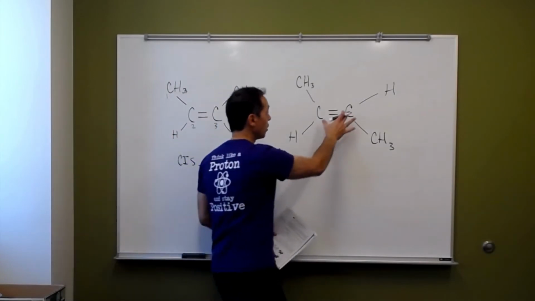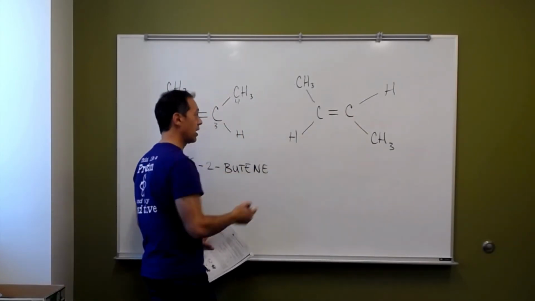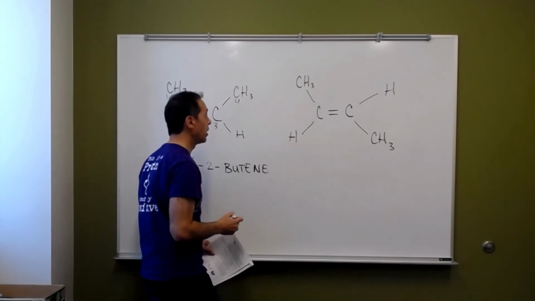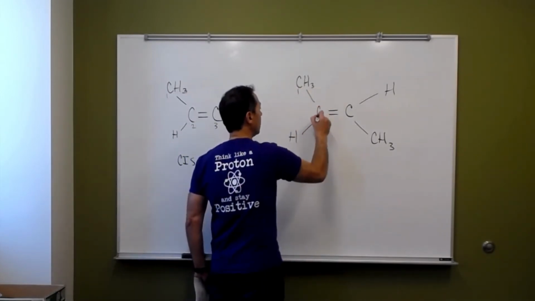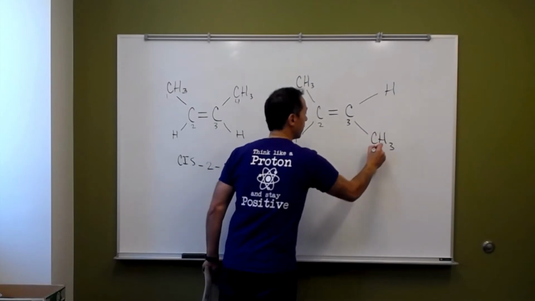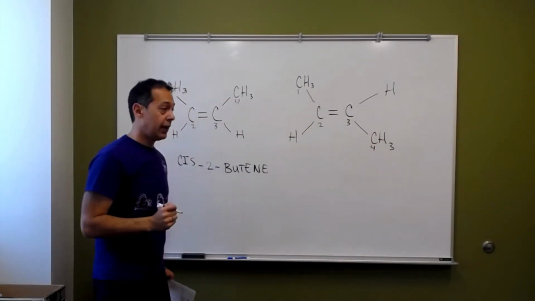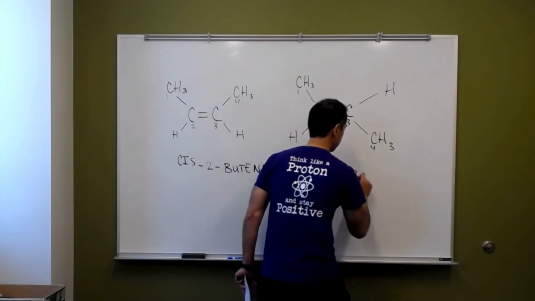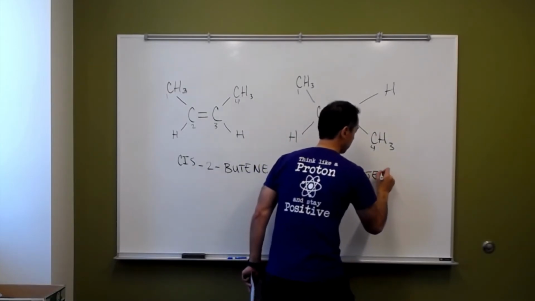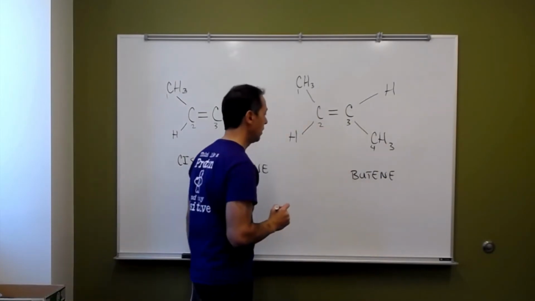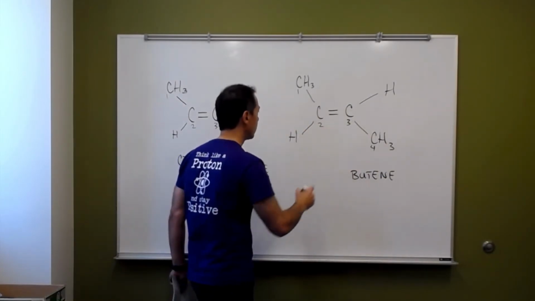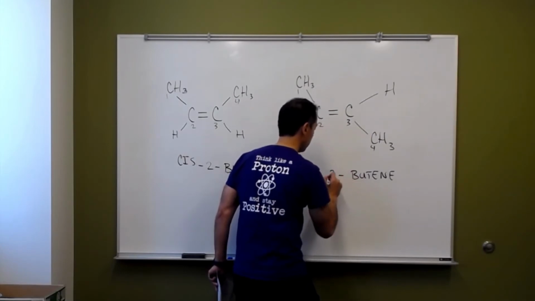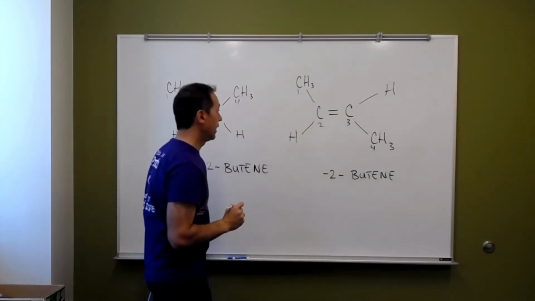Now, this molecule here has the same number of carbon atoms. The double bond's in the middle, so it doesn't matter which way we number it, but we can just go 1, 2, 3, 4 like this. And this would again be butene, with the double bond at 2, so 2-butene.